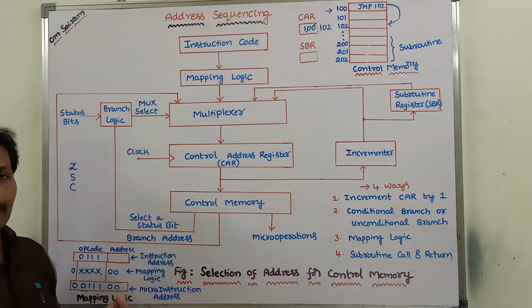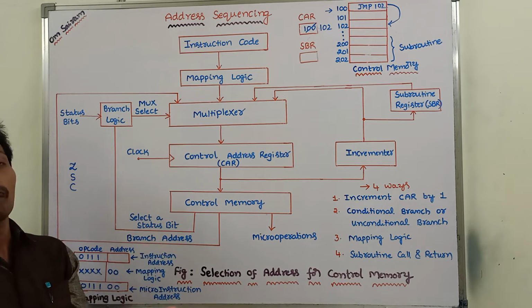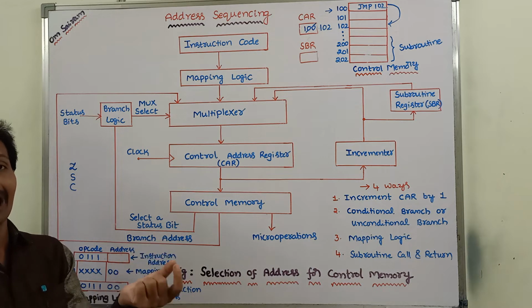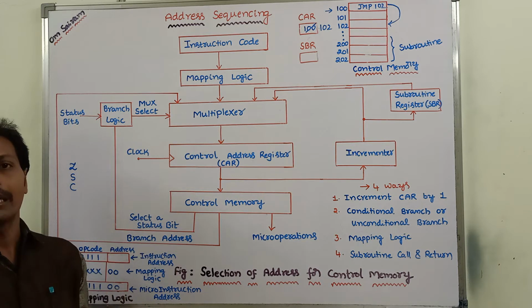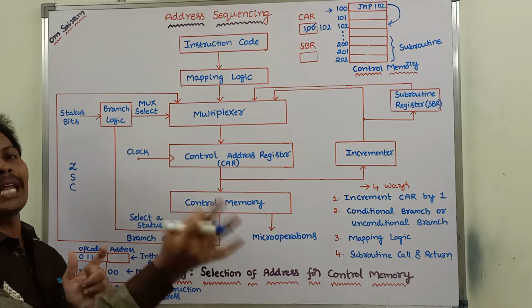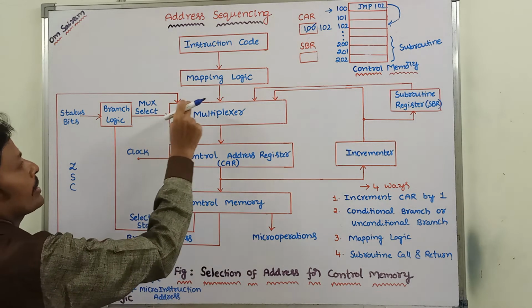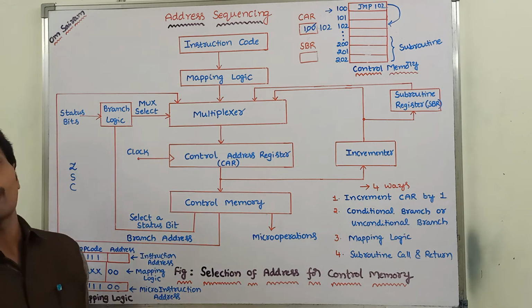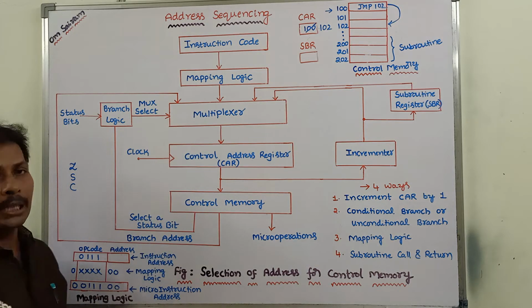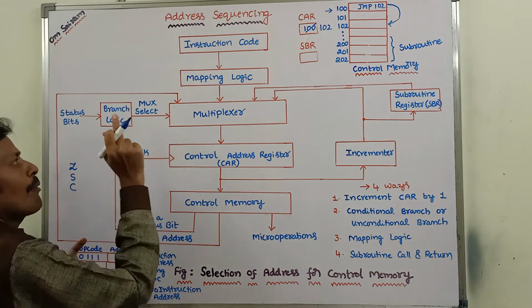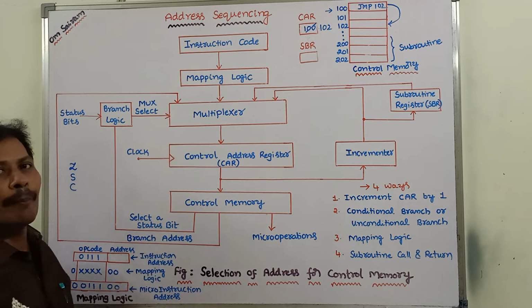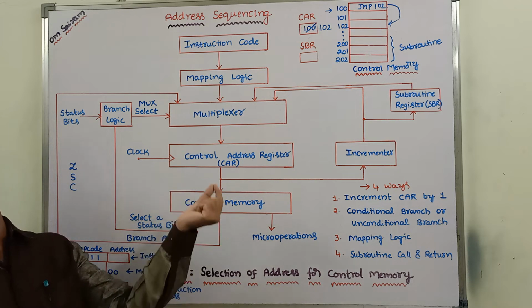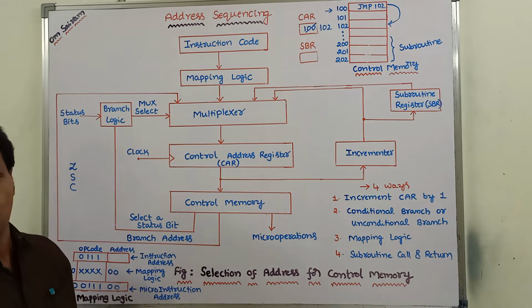Then we have to know the value of the status bit condition, whether it contains either 0 or 1. If its value is 1, then the corresponding branch address is loaded into the control address register through the multiplexer. If its value is 0, simply we have to increment the content of the control address register by 1.